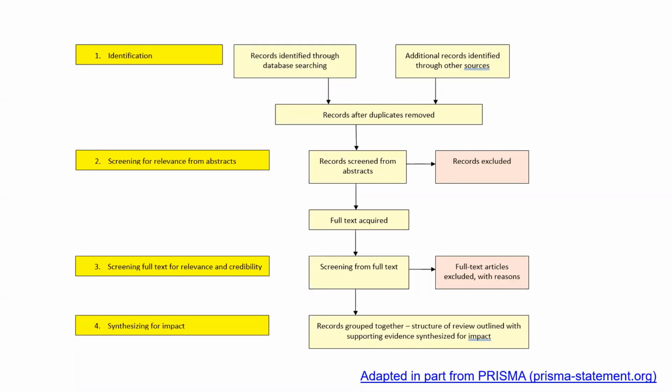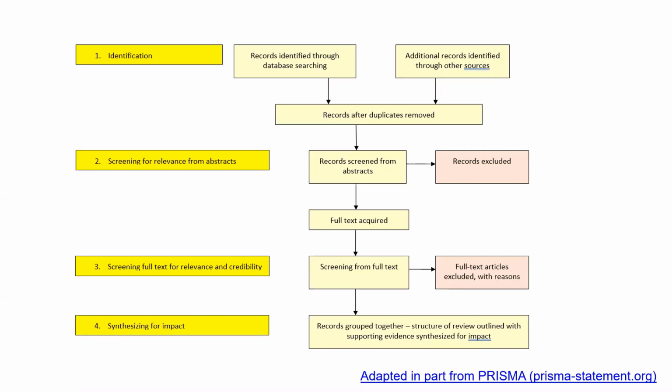And the reason that we're looking at it here is because I think it really nicely encapsulates the approach that you need to take in your literature search in order to be both systematic and comprehensive, and therefore end up with an unbiased result.